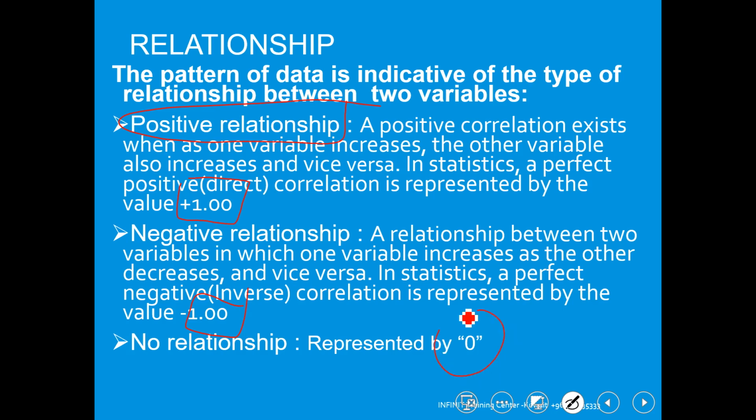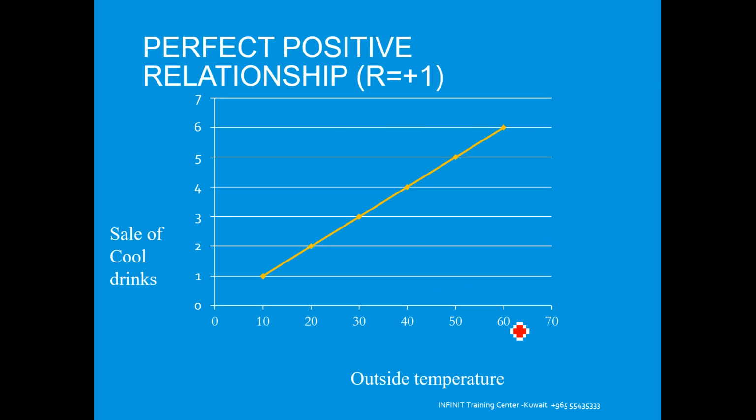And also we can say when there is no relationship, that will be denoted by 0. The correlation will be 0 when there is no relationship between two variables. Now you can see this one. Okay, this is sale of cool drinks and outside temperature, and how they are related.